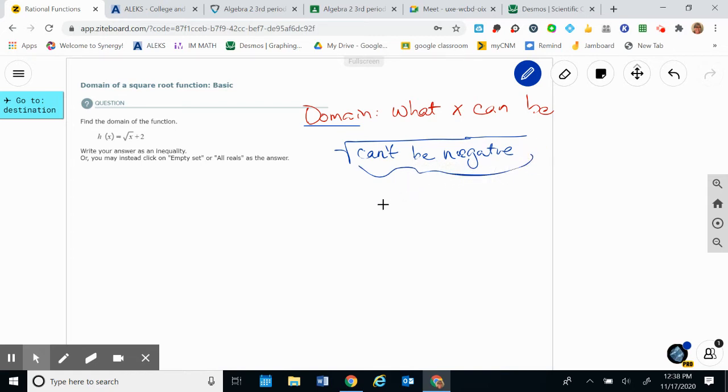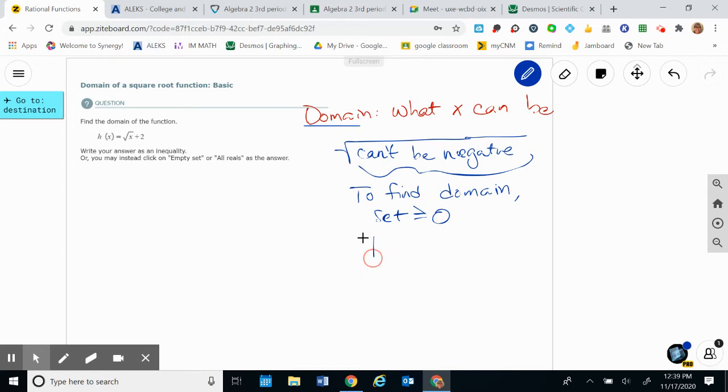So the way you find the domain, you set that greater than or equal to 0. In other words, it has to be 0 or greater.